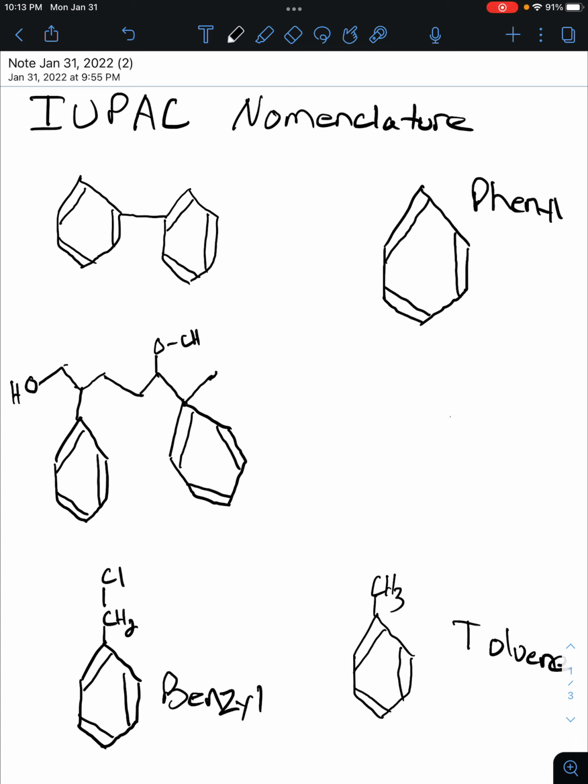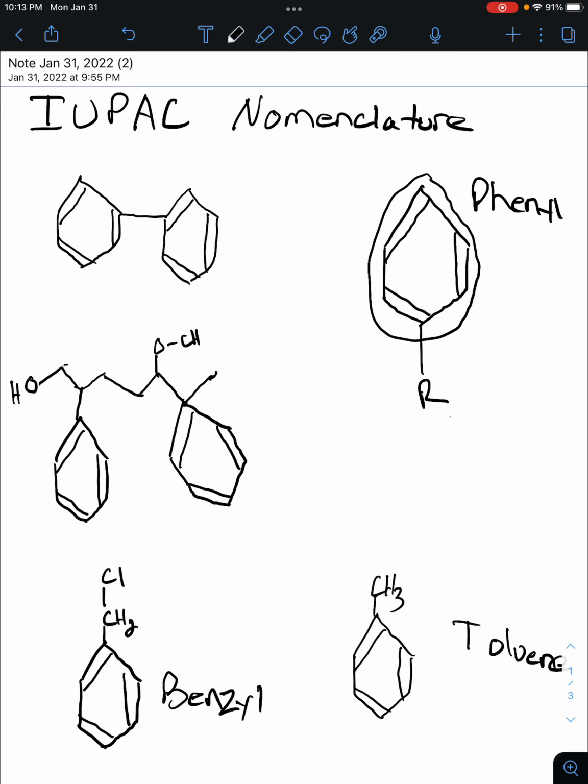In today's video, we're going to go over some more IUPAC nomenclature with some ring compounds. We've already talked about benzene, and if you would see this compound by itself, it's simply a benzene ring. However, when this benzene ring is added as a substituent on some type of group, say some type of alkyl group, as we'll see here shortly, it is called phenyl.